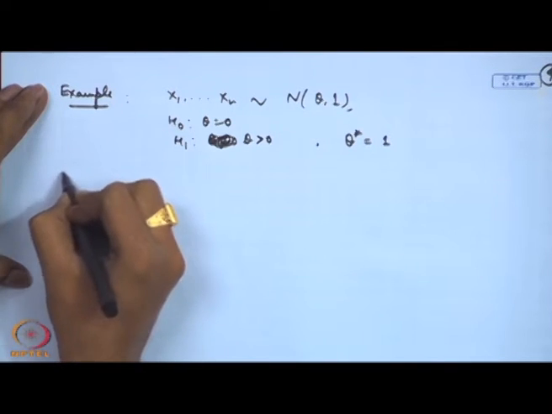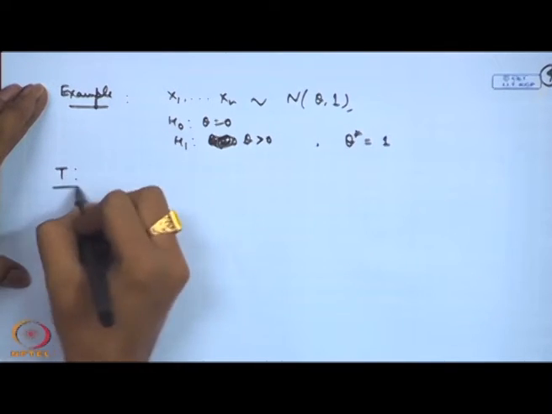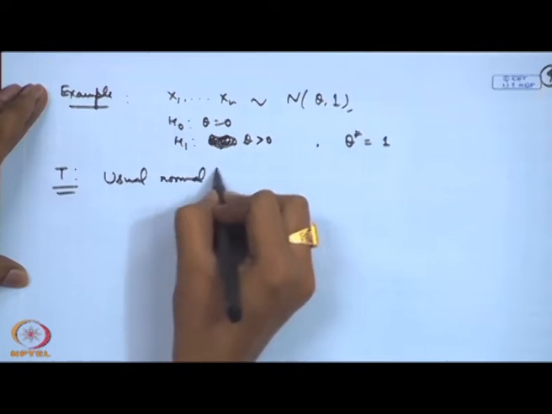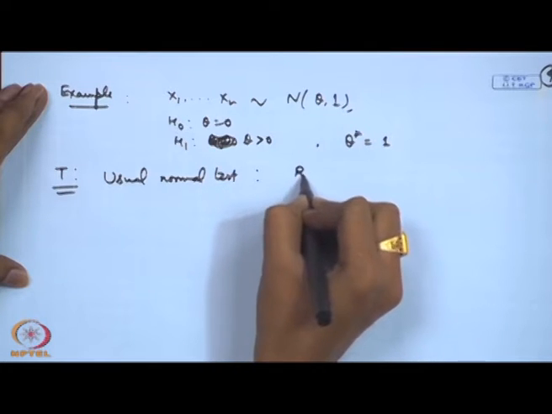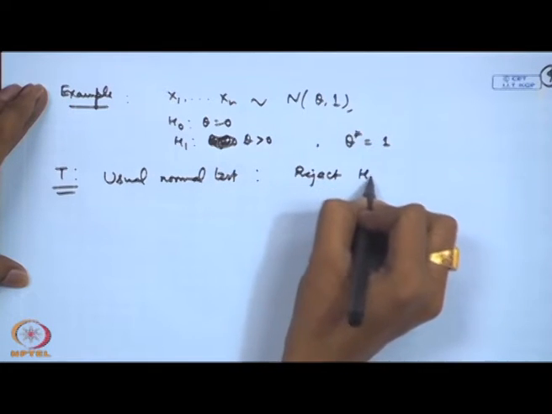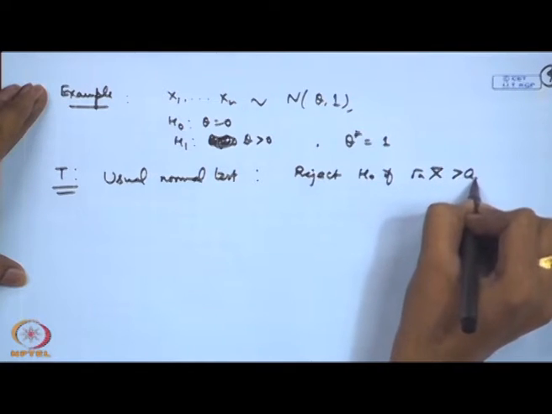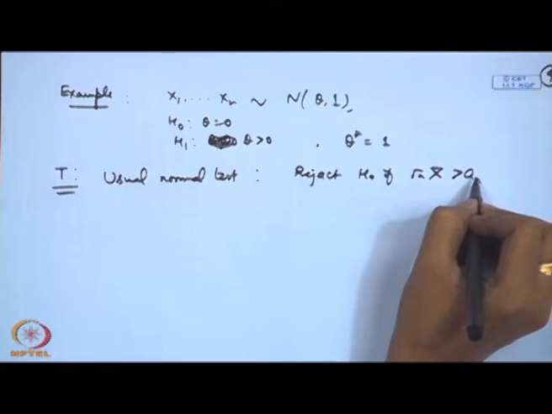The usual normal test is to reject H naught if root n x bar is greater than a n, basically that is z alpha.